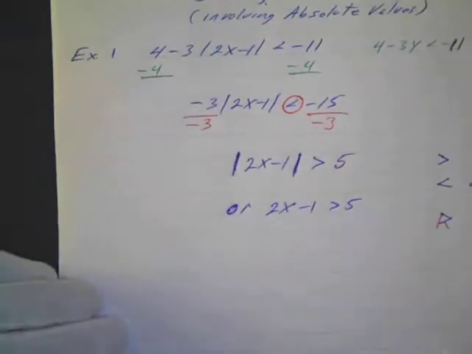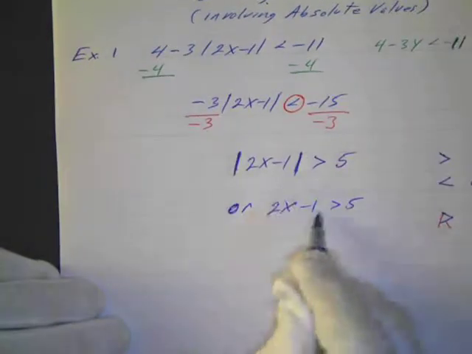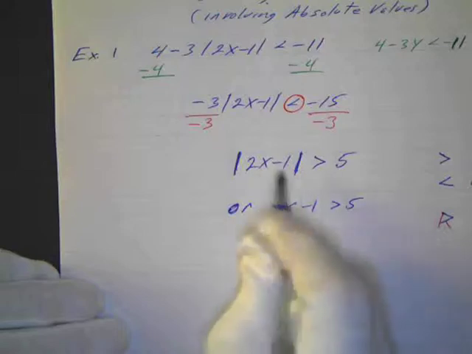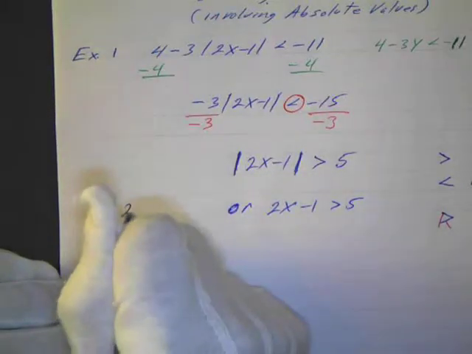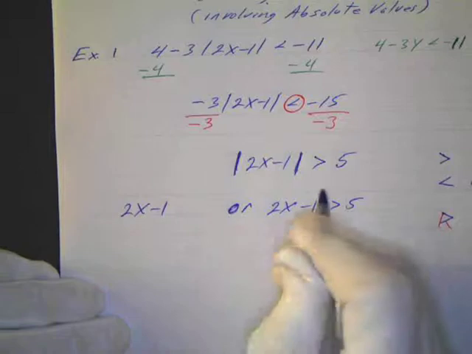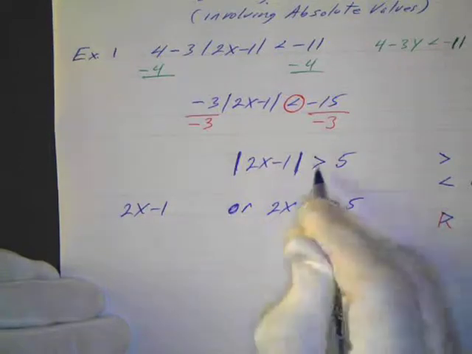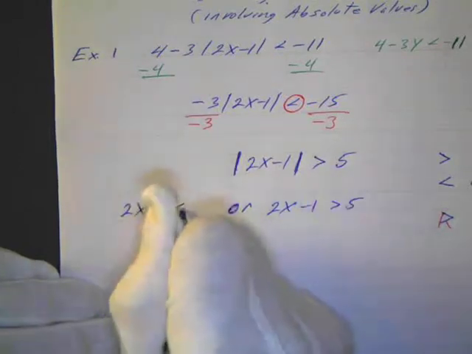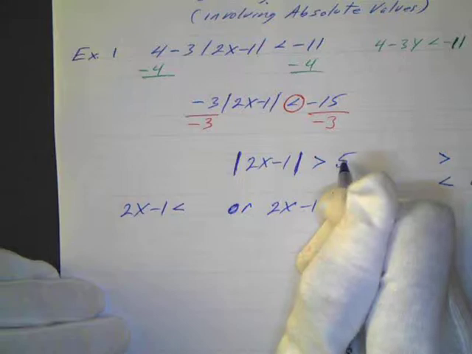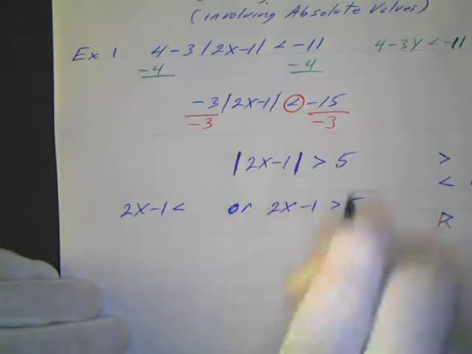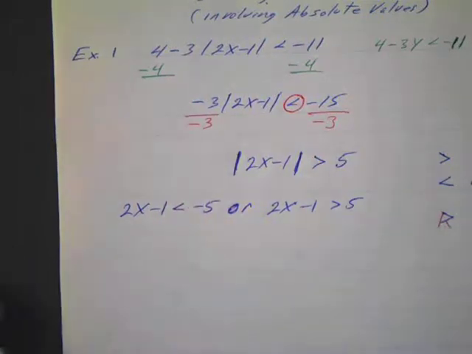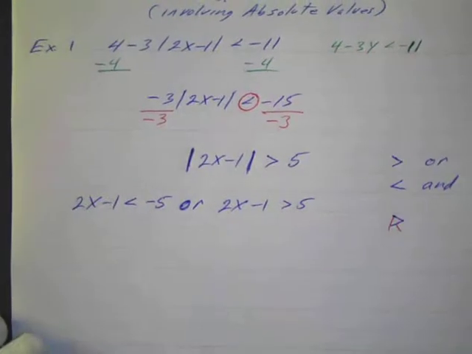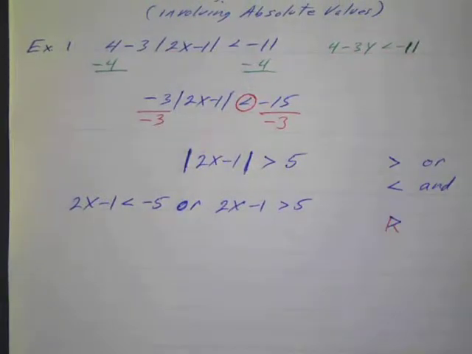And then on the left side, we write the part that's inside the absolute value, 2x minus 1. And then we reverse and negate. We reverse the direction of the inequality, and we negate whatever this is. If it's a positive, we make it a negative. If it's a negative, we make it a positive. In this case, it's a positive, so I make it a negative. So now I have two relatively easy inequalities to solve.